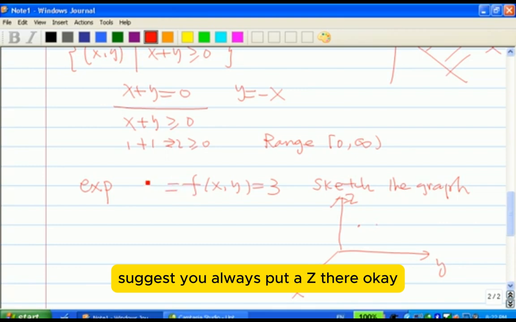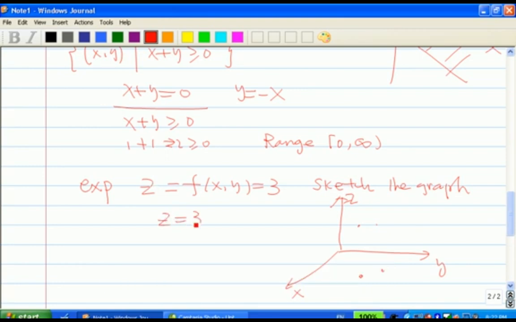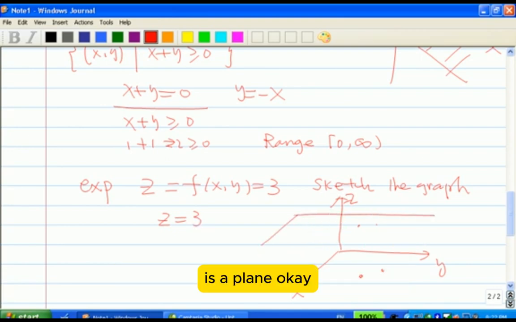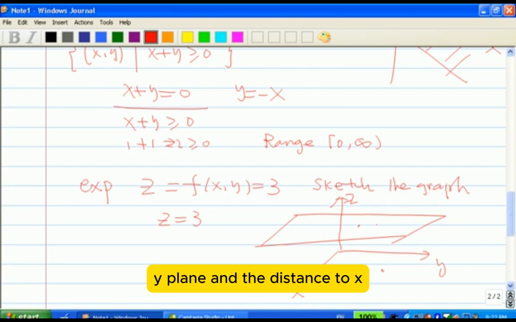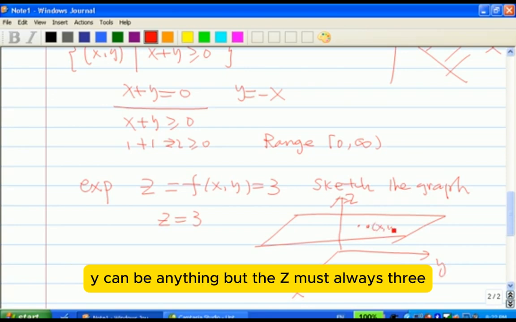I suggest you always put a z there. So f(x,y) equal to 3 means this function you can also write as z equal to 3. So what is z equal to 3? Obviously it is a plane. This plane is parallel with the xy plane, and the distance to the xy plane is 3 units. Obviously, every point on this plane can have x, y be anything, but z must always be 3.